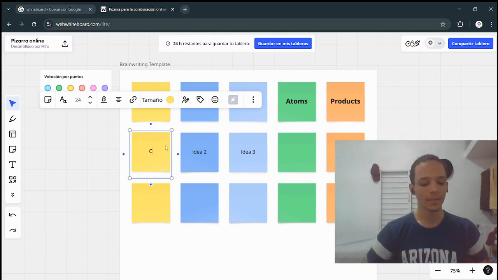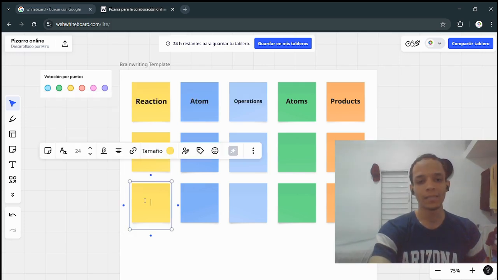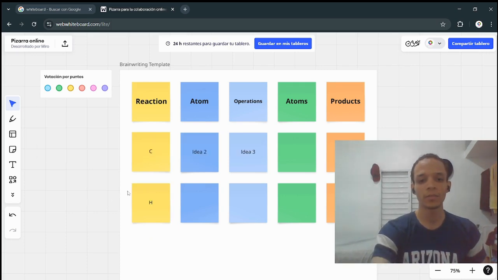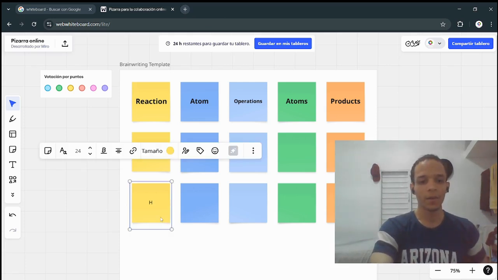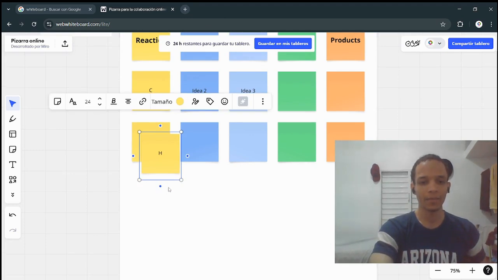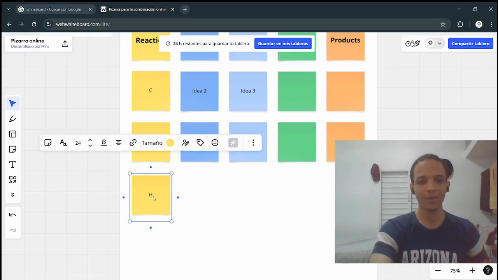So here I'm going to put what element is reactive. For example, this is the C of the carbon. This is the element carbon. This is the hydrogen. I don't know how to pronounce it. Let's copy here and paste, and put down here the other one, which is going to be the oxygen.